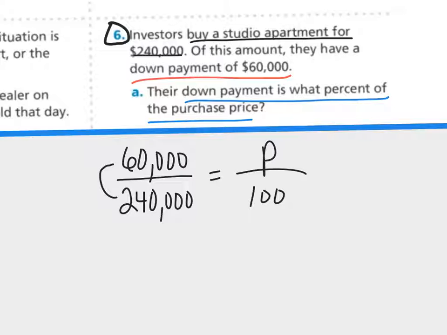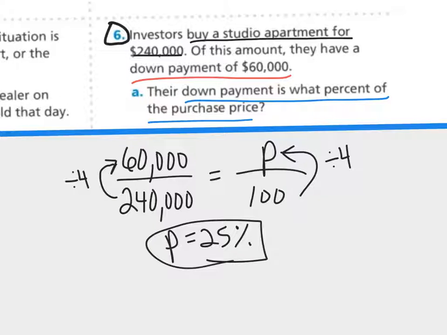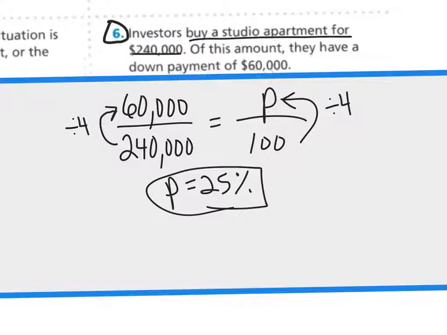This is actually a nice pattern here. Normally we might go across, but we can go up and down also. This would be dividing by 4, going towards the variable, and 100 divided by 4 is 25, so that would be 25%.